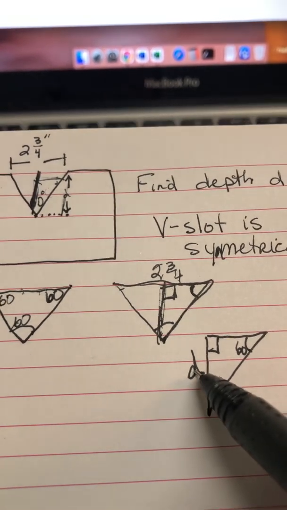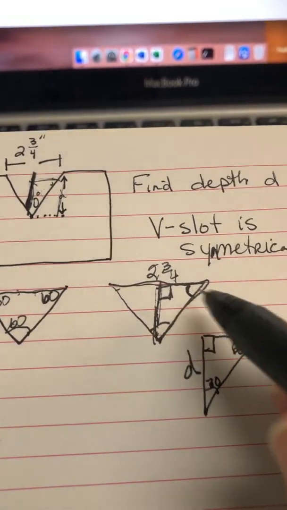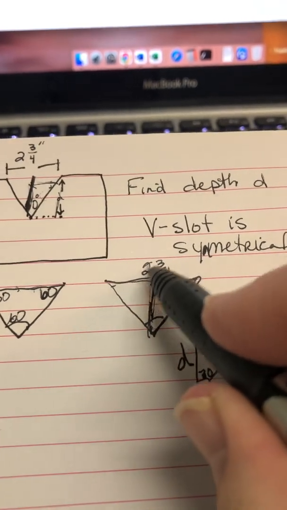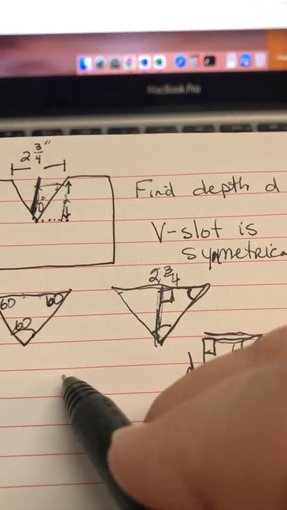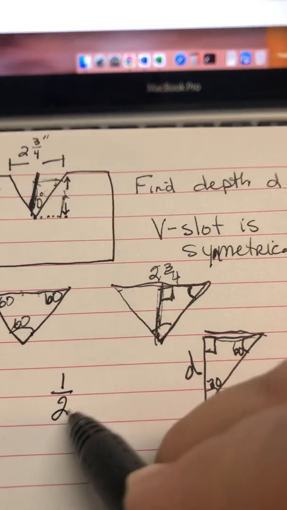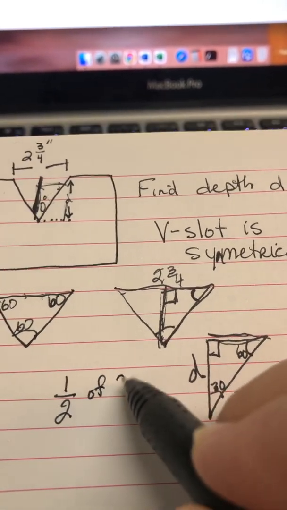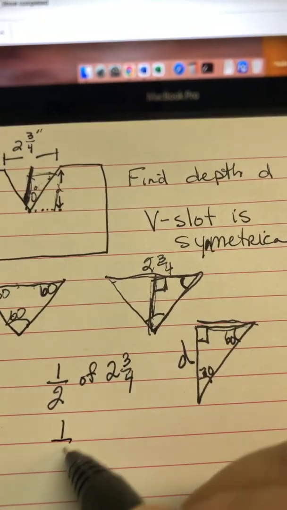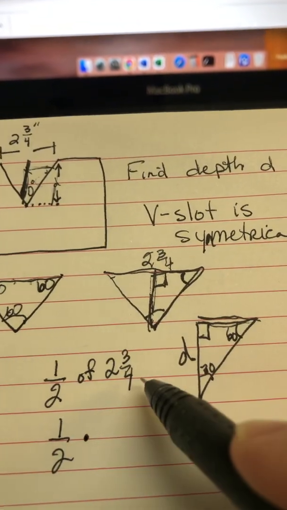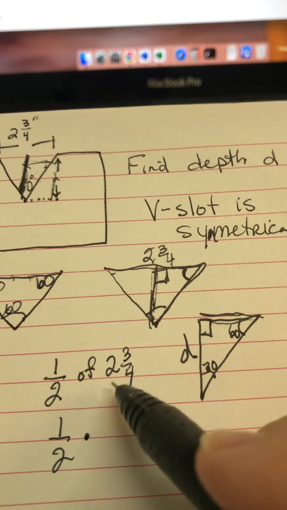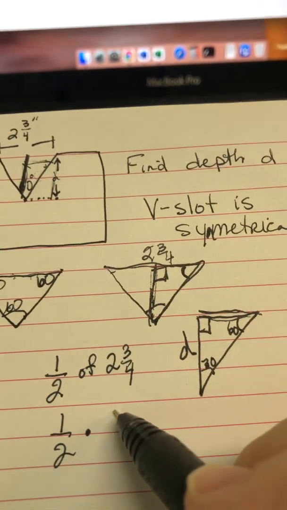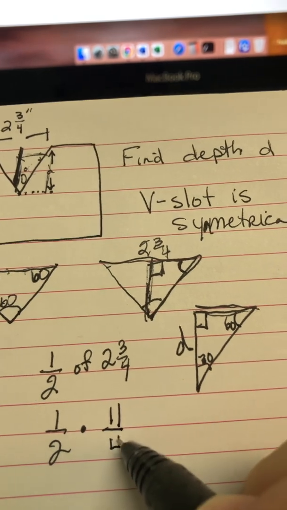So if we know this is our depth, we know that this mark right here has to be half of the 2 3/4. So half of 2 3/4 is 1/2 times, and we turn this into a fraction only, so 4 times 2 is 8, plus 3 is 11, so 11 over 4.